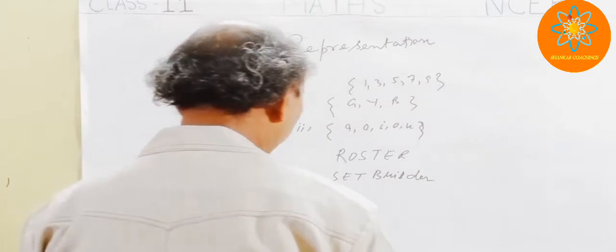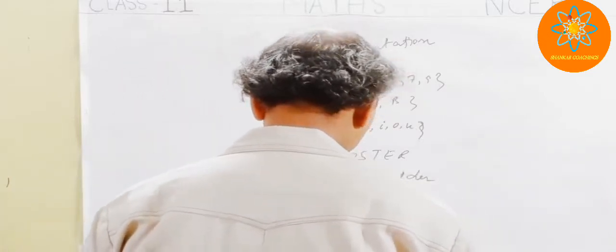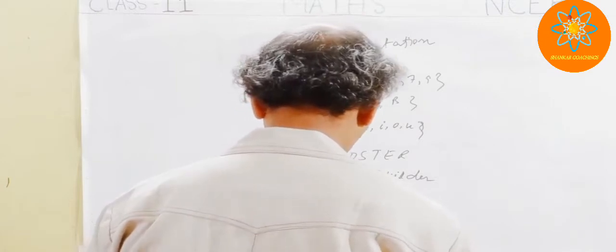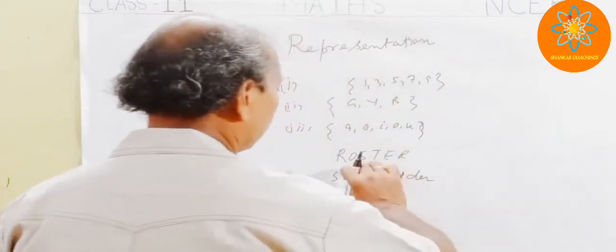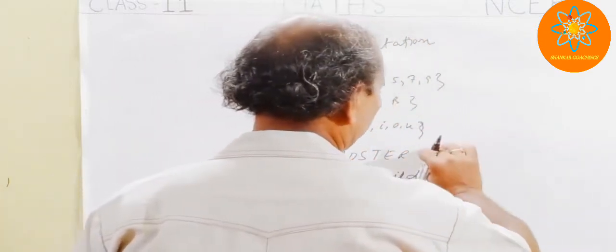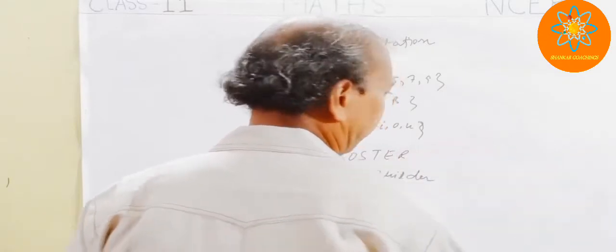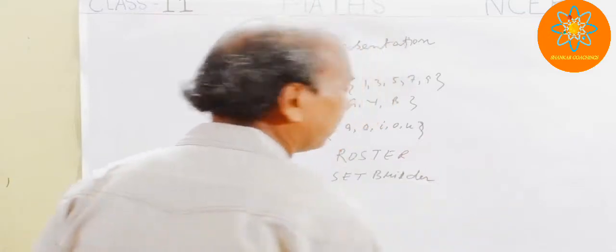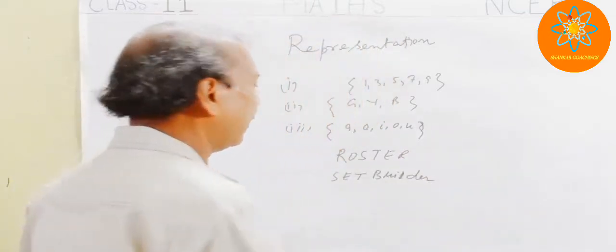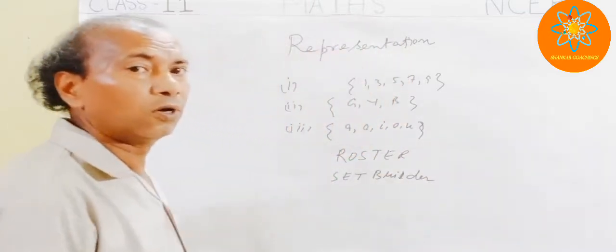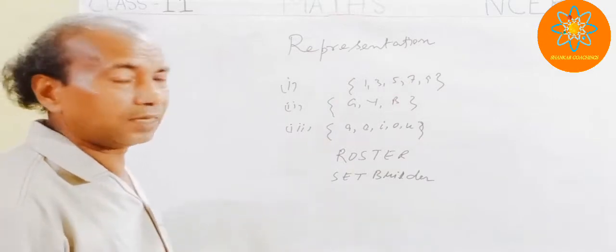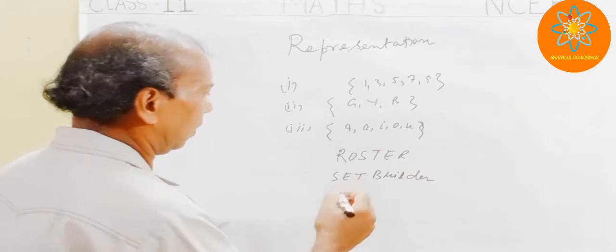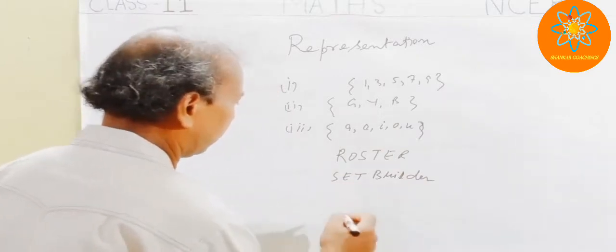See, in the case of the roster method, we write the numbers separated by commas. So if the numbers are separated by commas, that indicates that this is the roster form. For example, let's suppose I am writing the natural numbers.